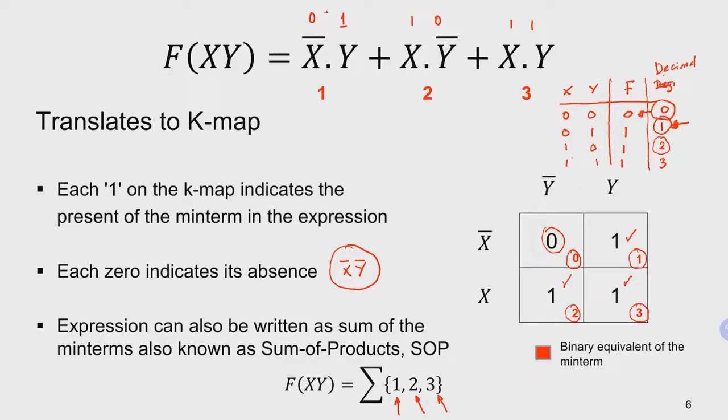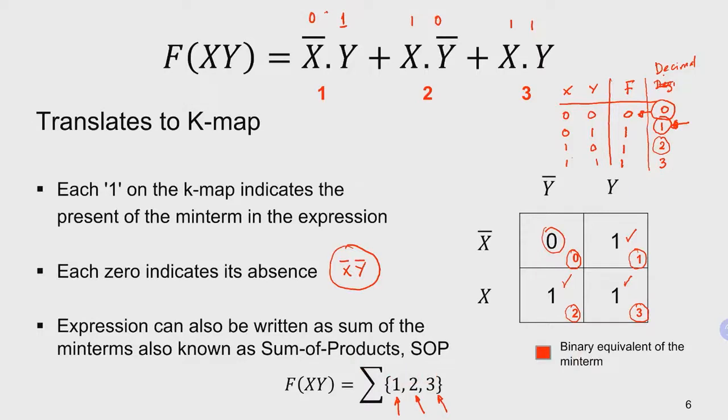And then we put a 3 there. So it's the sum of the minterm 1, minterm 2, and then minterm 3. Okay, so these are the minterm locations of our products, and then the sum is summing up all the minterms.